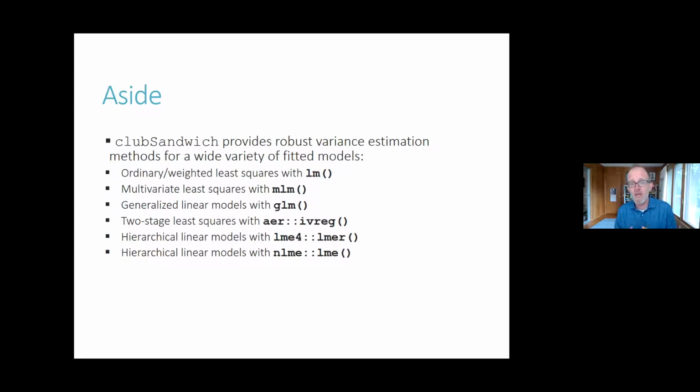It also works with lmer from the lme4 package, or with lme from the nlme package, both of which let you fit quite complex hierarchical linear models or linear mixed effects models.